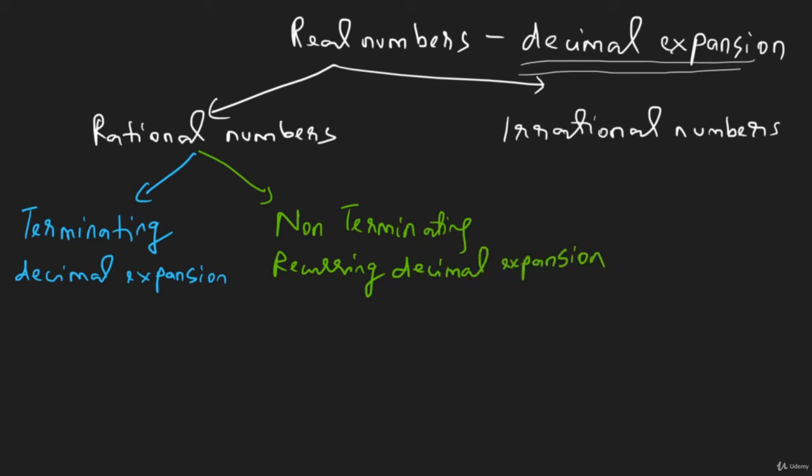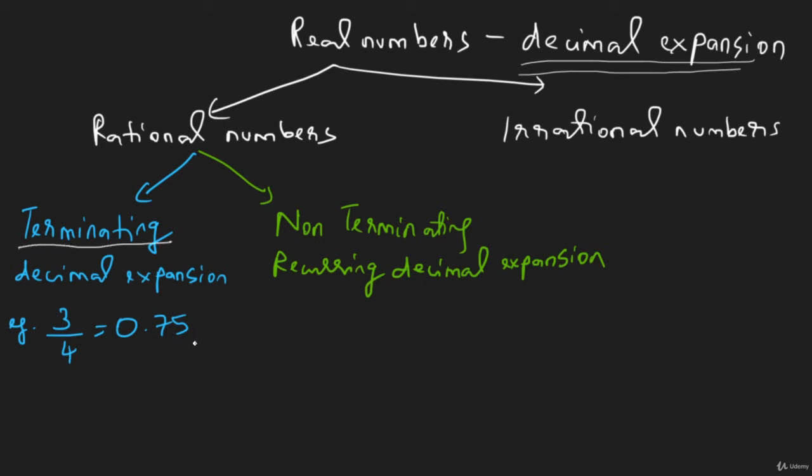Let's try to understand this. Well, let's start with this one, a terminating decimal expansion. Say you have the rational number 3 by 4. If you divide 3 by 4, you will get 0.75. So this is the decimal expansion of 3 by 4, and you can see that this is terminating because it stops at this place.